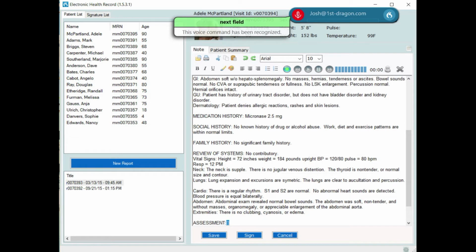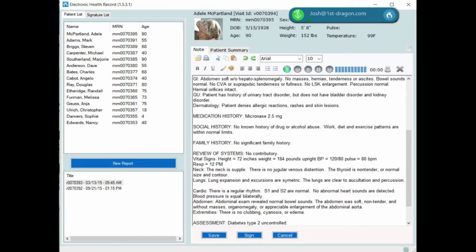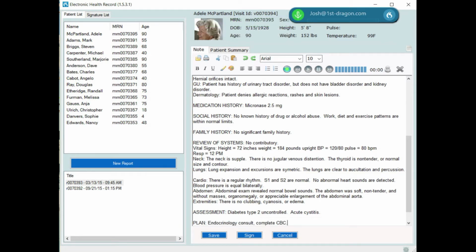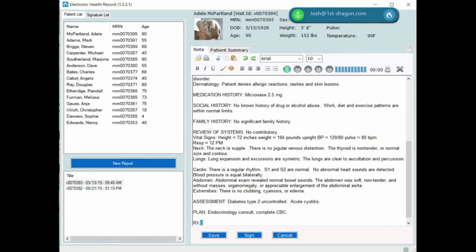Diabetes type 2, uncontrolled, period. Acute cystitis, period. Next field. Endocrinology consult, comma, complete CBC, period. Next field. Myconase 2.5 milligrams.